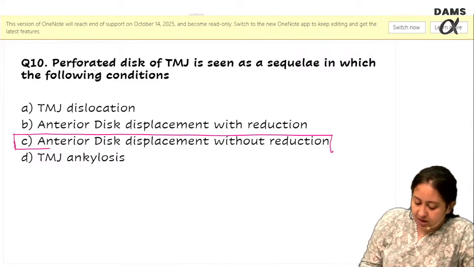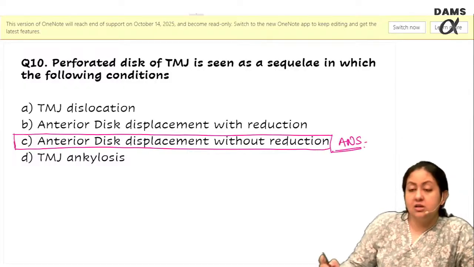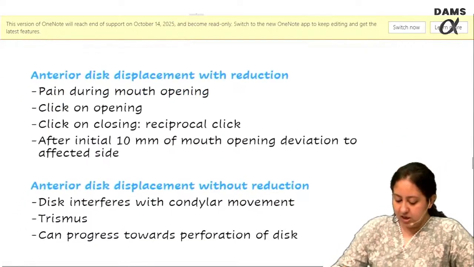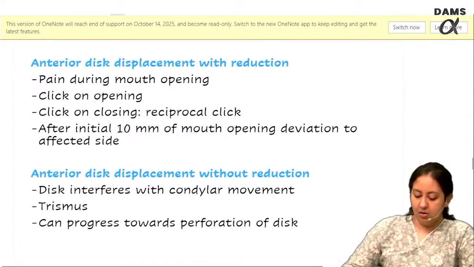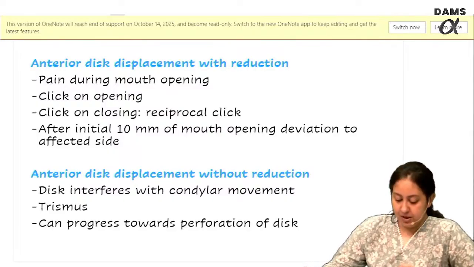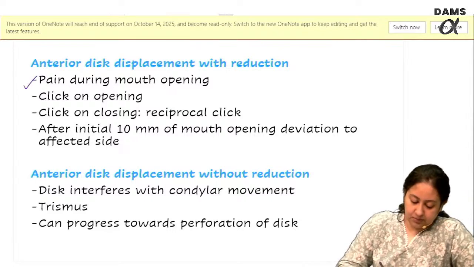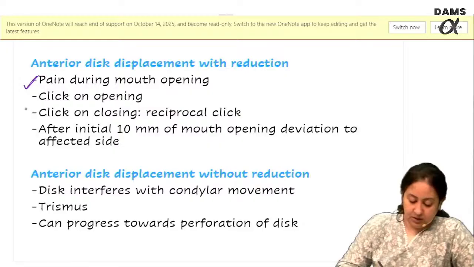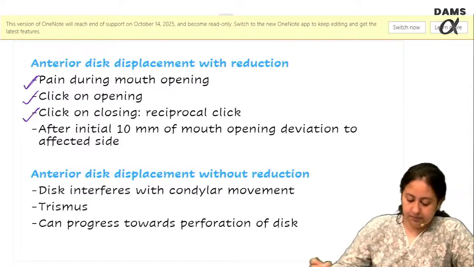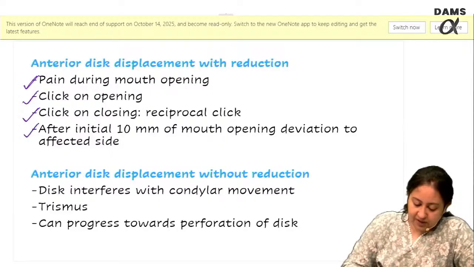We will just see a few clinical features about both. I have explained disc displacement with reduction and without reduction in detail in my classes. We won't go into much detail, but just to understand this concept, we'll look at a few pointers. In anterior disc displacement with reduction, there is pain on mouth opening, a click on opening and a click on closing, and after the initial 10 mm of mouth opening, there is deviation to the affected side.